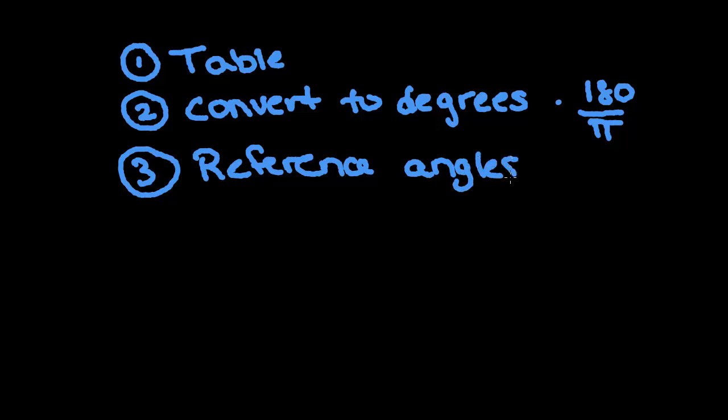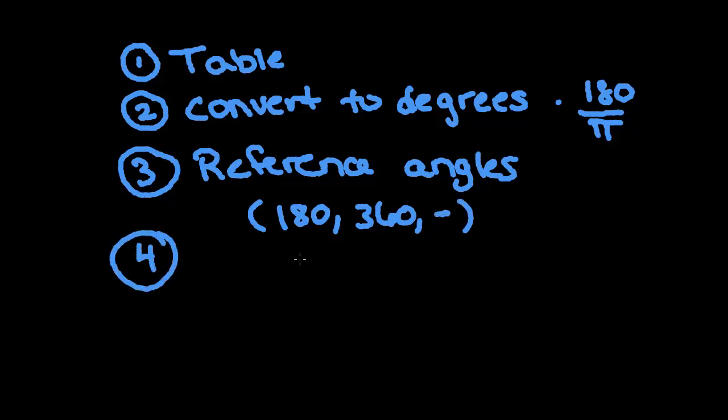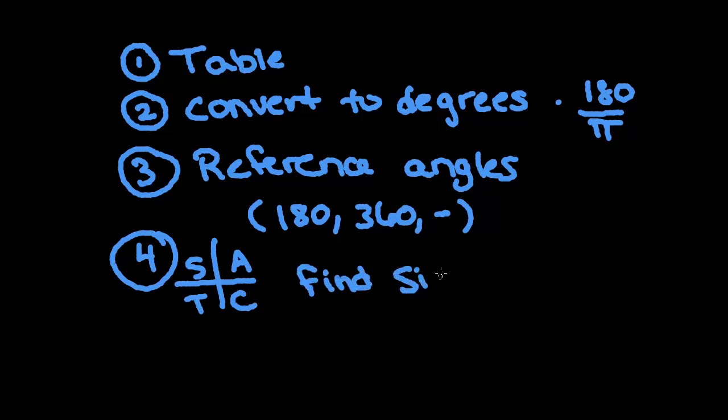And remember, your magic numbers for that are 180 and 360 and somehow using subtraction. And 4 is using your all students take calculus to find the sign to make sure that you have the right sign of your answer. And that's all you really need to do.